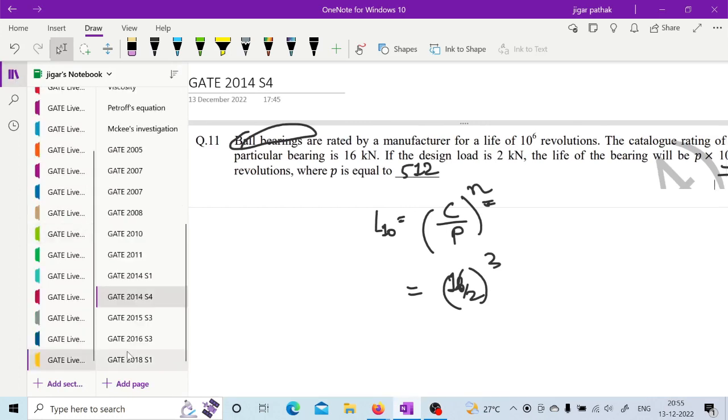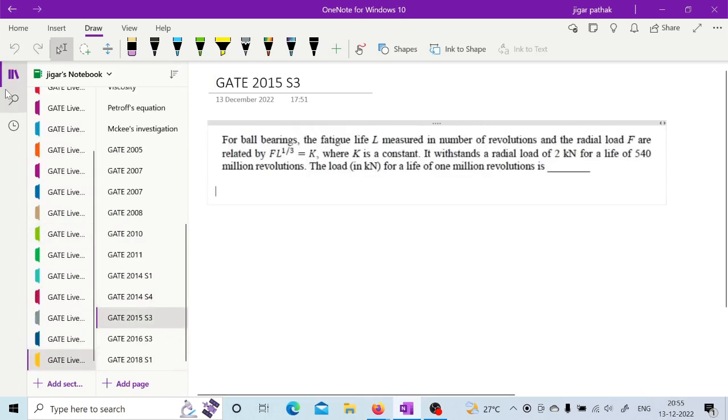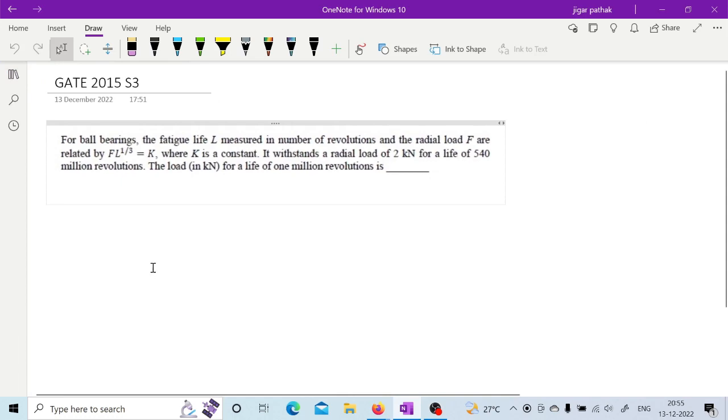Okay, so the next is for ball bearings, the fatigue life measured in number of revolutions and the radial load F are related by F L raised to 1 by 3 is equal to K, where K is a constant. Now it withstands the radial load of 2 kilonewton for a life of 540 million revolutions.